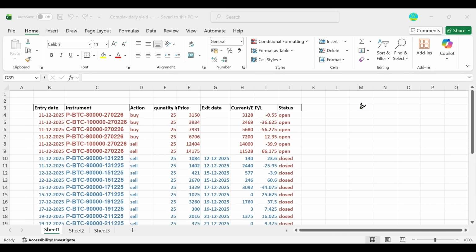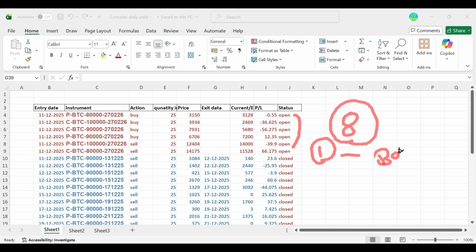So the strategy we are going to learn today is known as the complex daily yield strategy. It involves 8 positions. So first, understand how many positions are involved. 8 positions, 3 strategies. Number one, there will be a box spread.